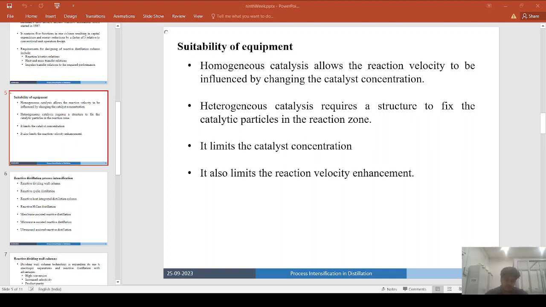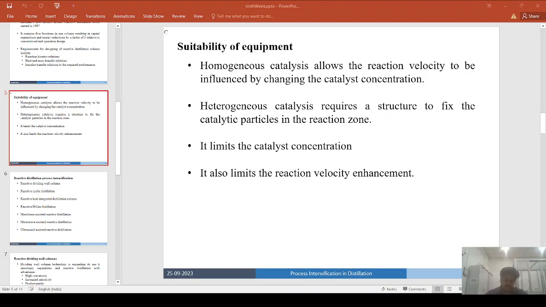One way is that you can suspend those solid particles, obviously to get better contact in the liquid phase itself, but then you need to separate them. That will be a challenge. You need to employ a different separator, not just a distillation operation. You need a particular physical separator to recover the suspended catalyst particles.